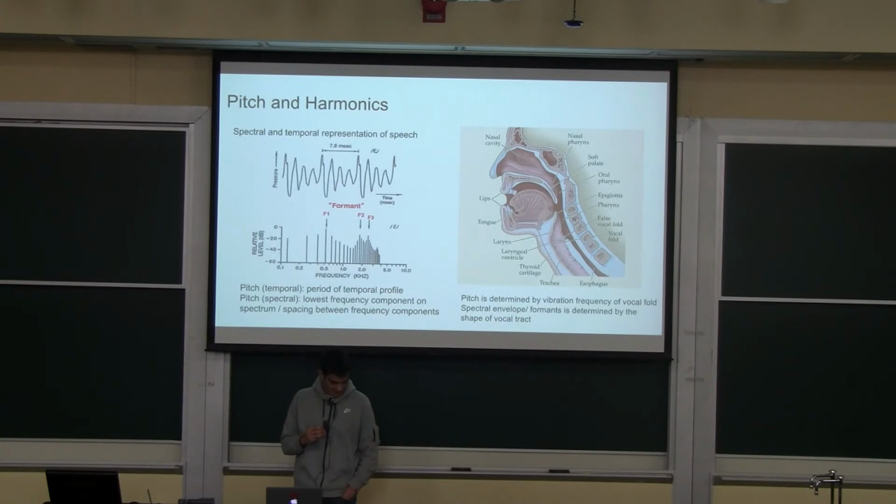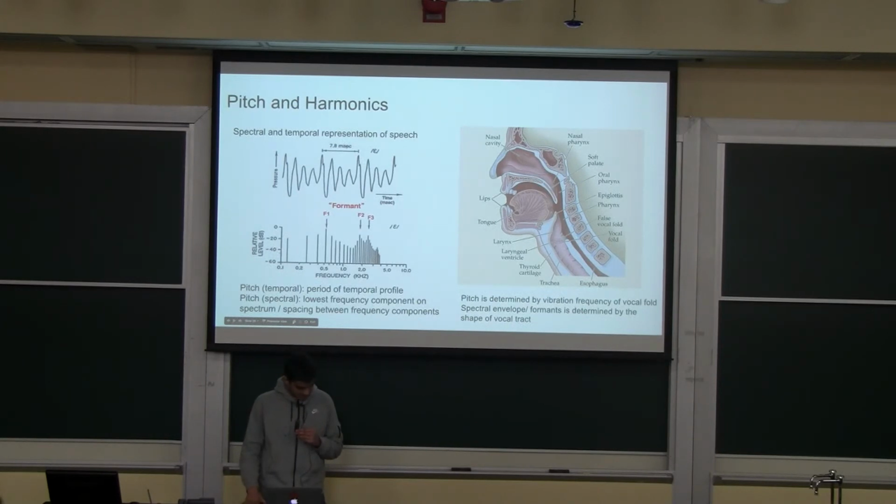The leftmost peak you plot here is just 1 over the period of the temporal profile, which is defined as the pitch. So this is 1 over the pitch, and each other component in this profile is a multiple of that fundamental.